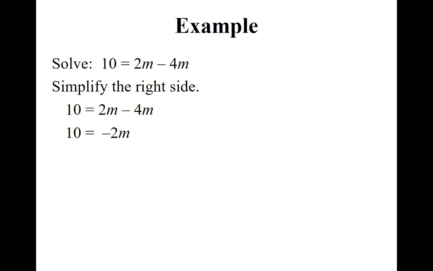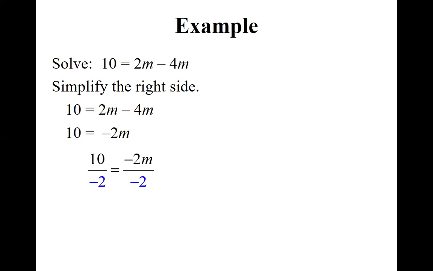Now we have 10 equals negative 2 times m. We need to get the m by itself. We'll undo times negative 2 with its opposite, divided by negative 2. And whatever we do on one side, we have to do on the other. So both sides get divided by negative 2. On the right, the negative 2's cancel out, just leaving us with m.